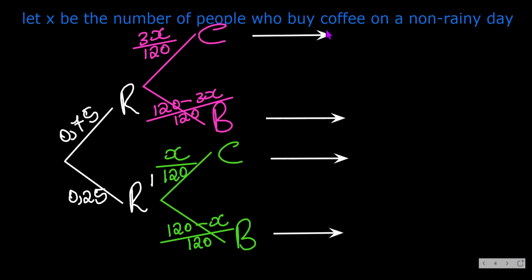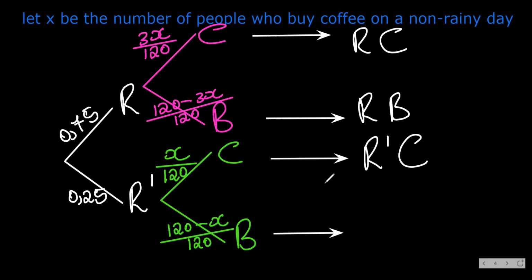Now, what am I saying here? The first possibility is it's raining and a person buys a cup of coffee. It's raining, but the person chooses to buy a water bottle. It's not raining. Nevertheless, the person is still drinking coffee. That's rather strange. No, it's not. I was drinking coffee yesterday and it wasn't raining. And of course, it's not raining and therefore the person needs water.